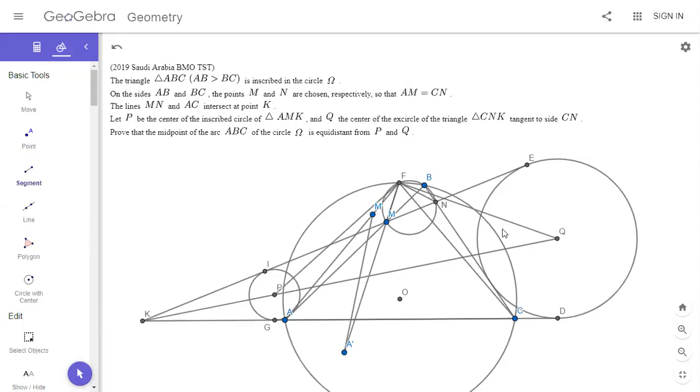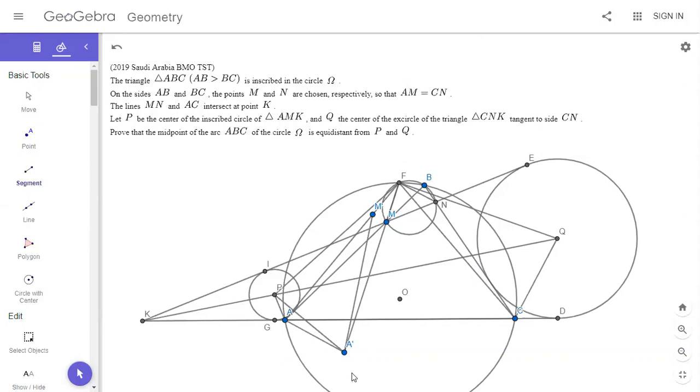Let's see. So yeah, that would mean PA prime F is congruent to FCQ. Yeah, can we show those are congruent?